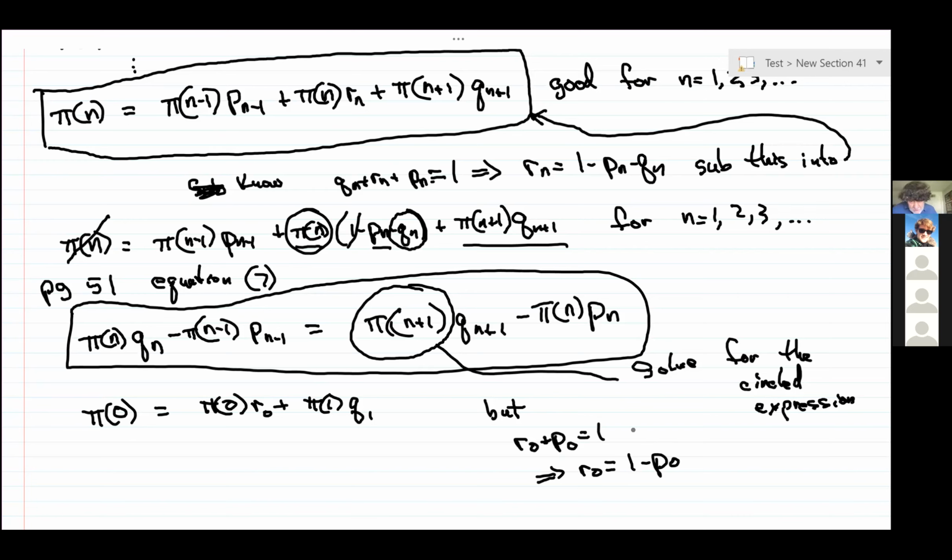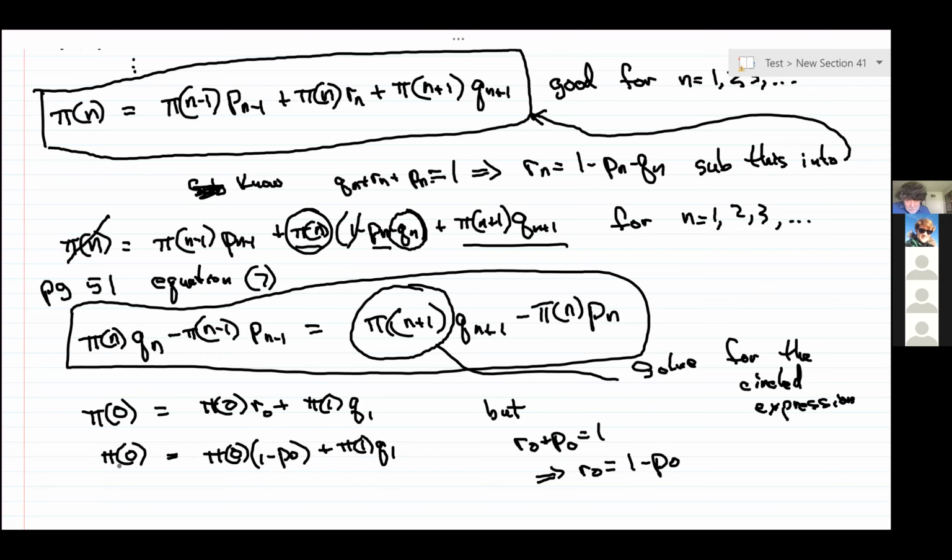Okay, take that and substitute it into here. In other words, kick out the R's again. Pi0 times (1 minus P0) plus Pi1 Q1 equals Pi0.